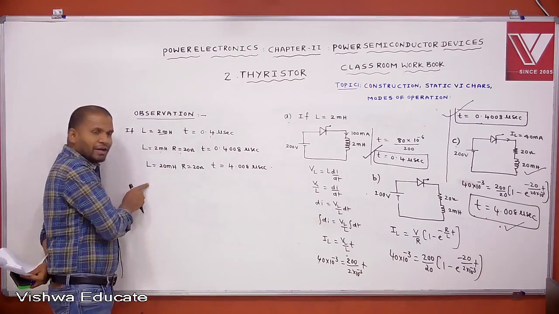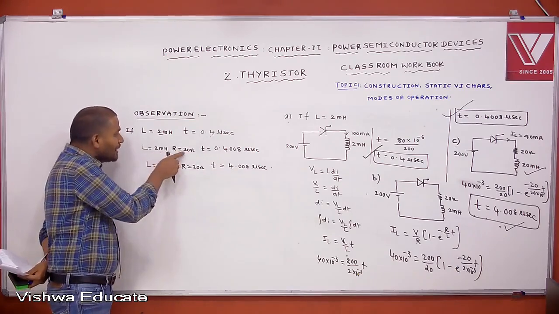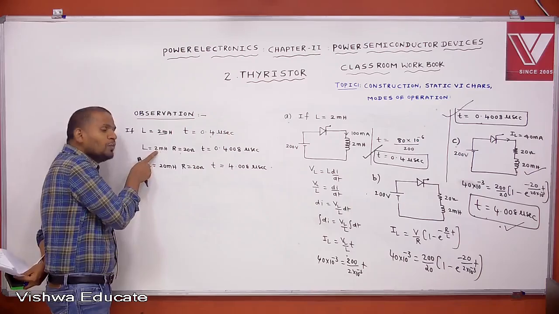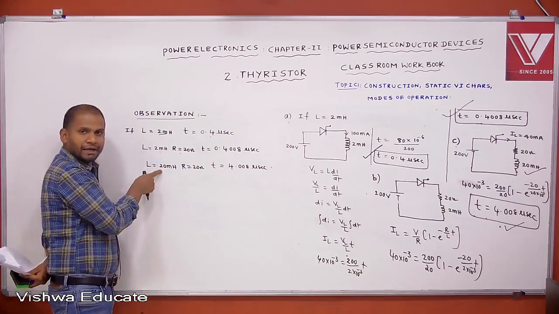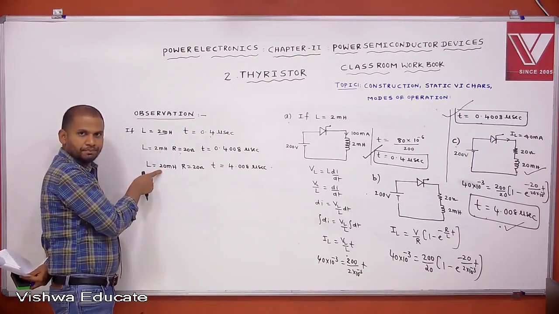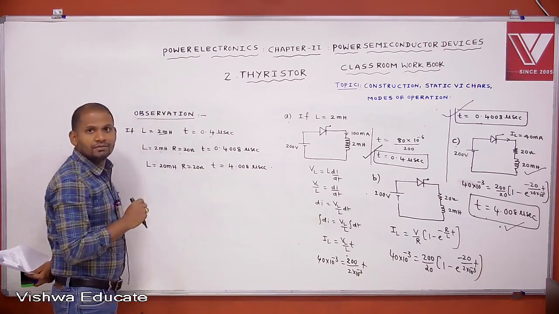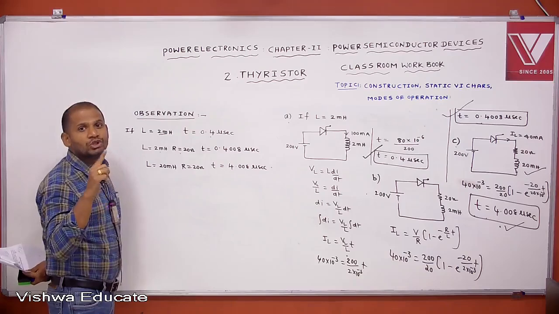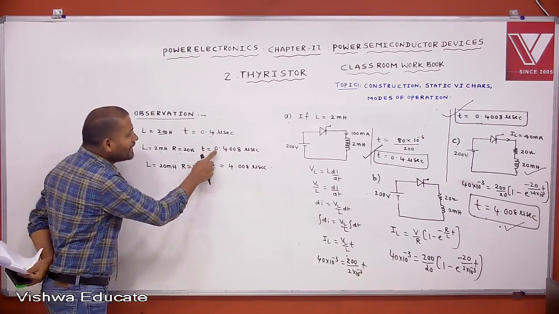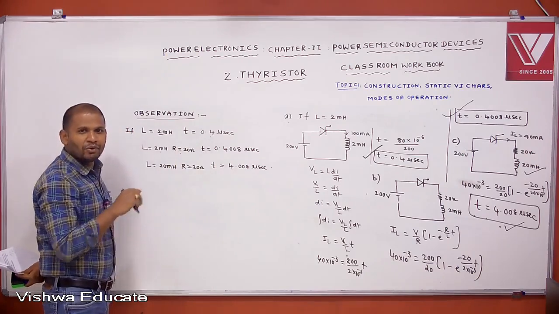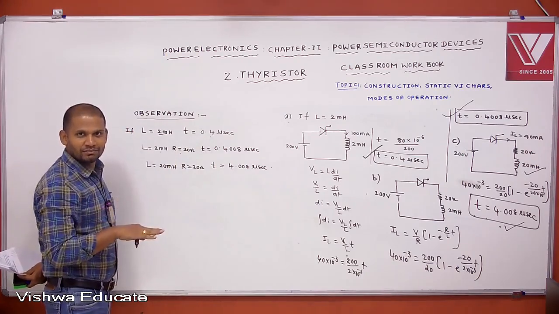But see the comparison. With the same resistance, but increasing the inductance from 2 millihenry to 20 millihenry, what minimum gate pulse width is required? 4.008 microseconds. It is increased by about 10 times, though we cannot say exactly 10 times.